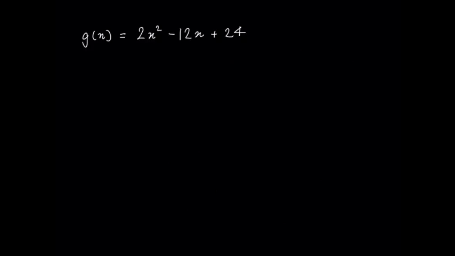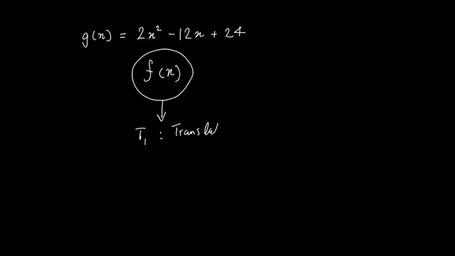We have g of x is equal to 2x squared minus 12x plus 24. That's the function that we get after applying the transformations. So f of x was our original function up here. We first apply T1, which is translate 3 units right. Then we applied T2, which was translate 3 units vertically.